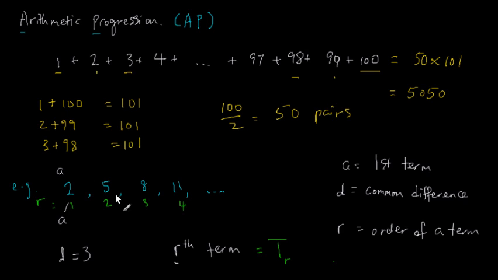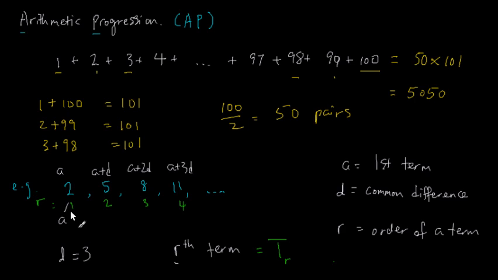So that's A. And 5, I got 5 by adding 3 to 2, and 3 I'm representing by D. So 5 is actually A plus D. And to get 8, I have to add D again. So it's A plus 2D. I get this by adding another D, so it's A plus 3D.